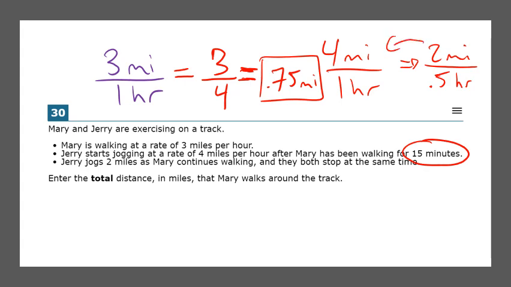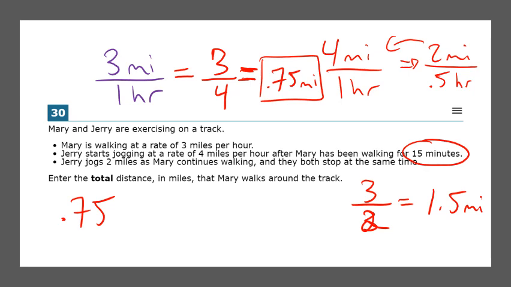So if he runs 4 miles in 1 hour, in a half hour, he has to run 2 miles. So if Mary was walking for another additional half hour, what I would add to that 0.75 miles is whatever half of that 3 miles would be. So I'd take 3 miles, divide it by 2, and I get 1.5 miles.